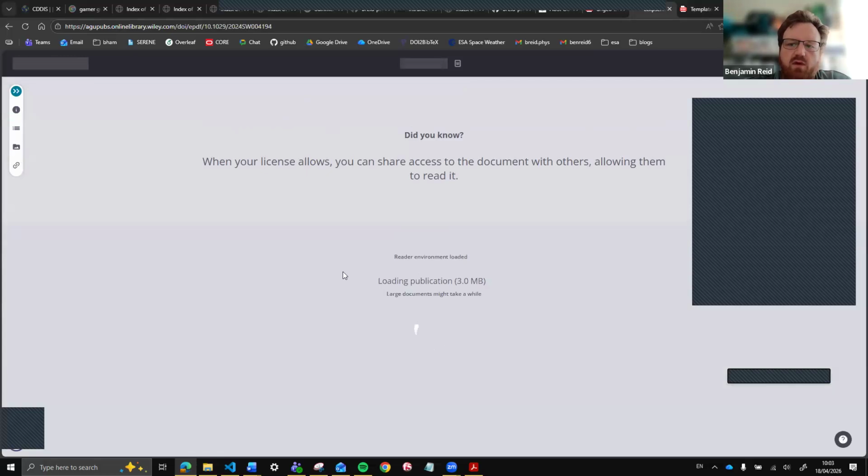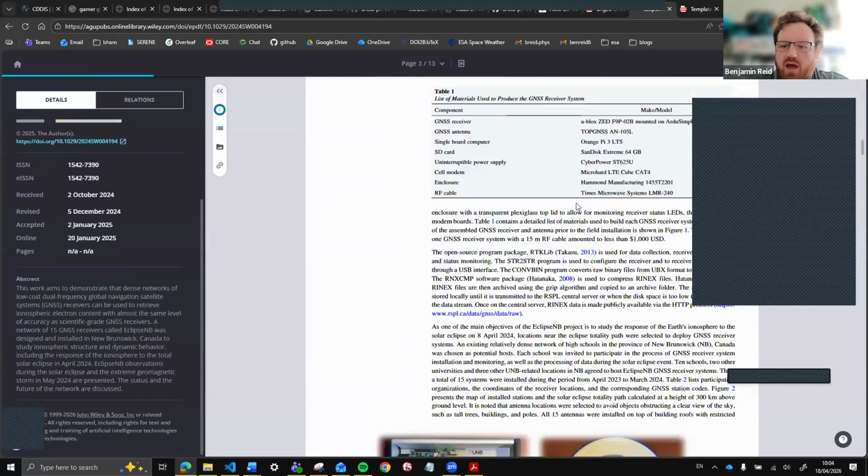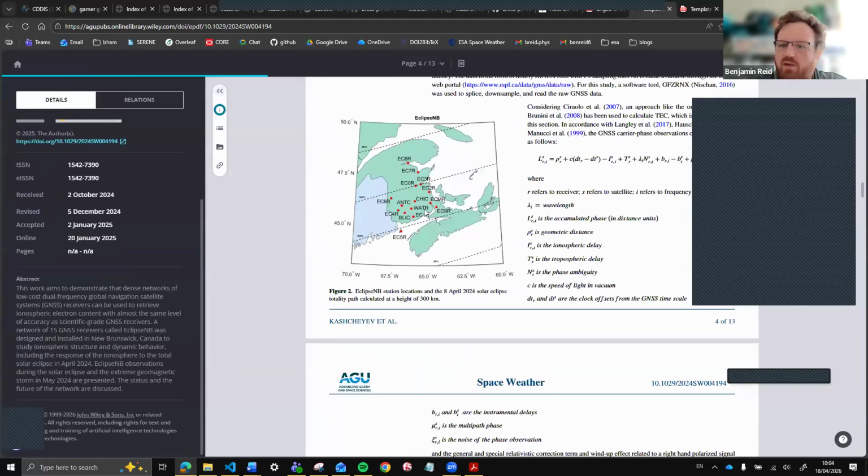So this is an example of what we had in New Brunswick, a series of GNSS stations that, again, are not IGS stations, so you have to do all the bias stuff and everything. We had a small set of stations here, and this was for looking at the solar eclipse.